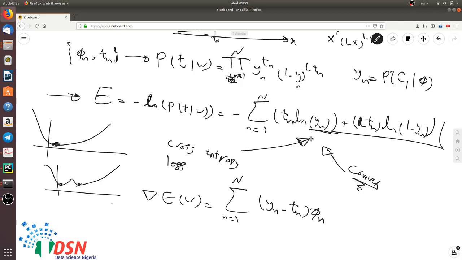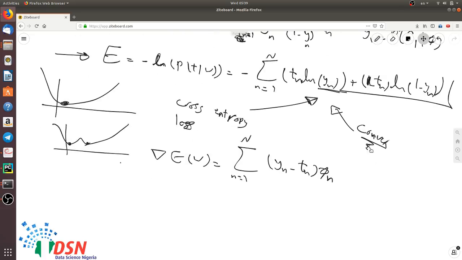Maybe it seems a little complicated at first, but when you derive the update factor for the weight, it completely makes sense. It tells you the update is given by the difference between the output of your model and the actual output times the input features. So if we have perfect output for the input, we don't have to update weights, okay? And the update is proportional to the difference between the target values and the output of the model.